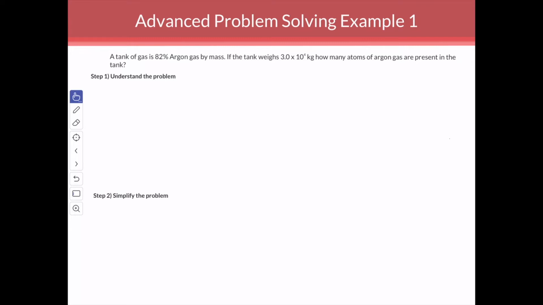So we want to understand the problem. There's a lot of things that we can do to try to better understand the problem. Sometimes it's drawing a picture. Sometimes you're going to be able to understand the problem right off the bat, and you may feel comfortable just skipping this step. One of my favorite things to do is draw a picture.